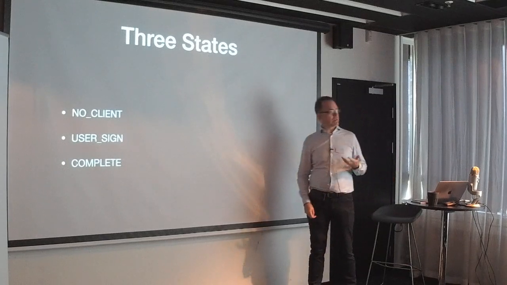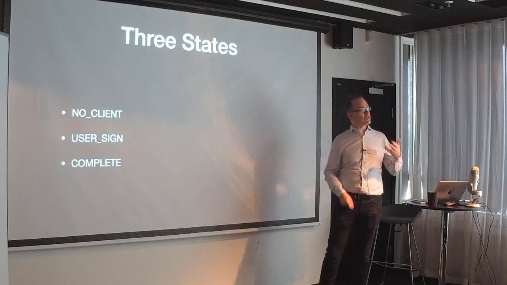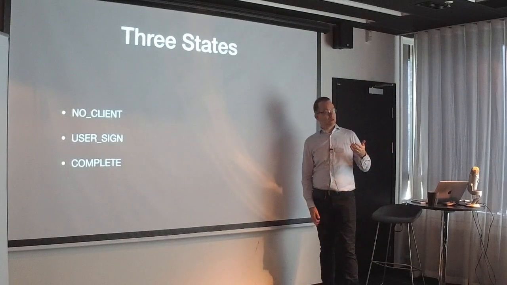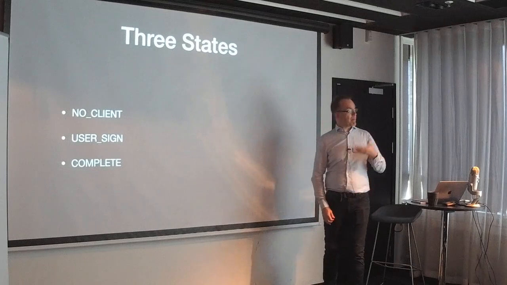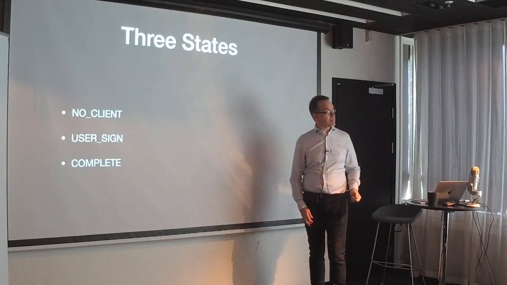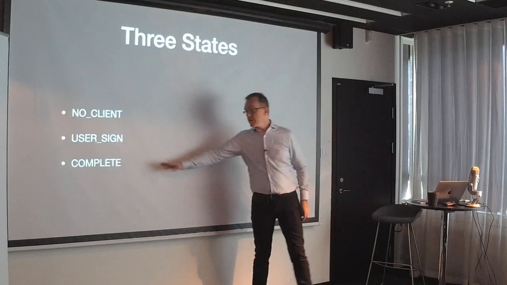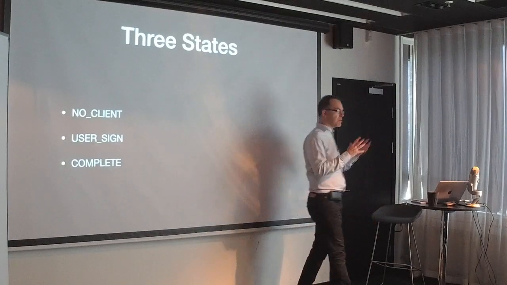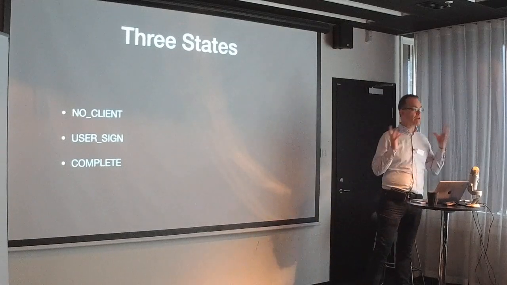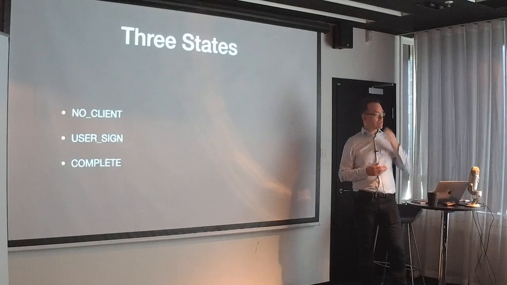The next one is user sign, meaning that we've shown the challenge to the user, but the user has yet to complete it. It can have failed the first time, or it may not have entered anything, or may just be looking at it. But as long as we're in that state, it's user sign, and then you have complete, it's done, and we get back a whole bunch of information, and we can let the user in because it's now been proven that this was the correct user.